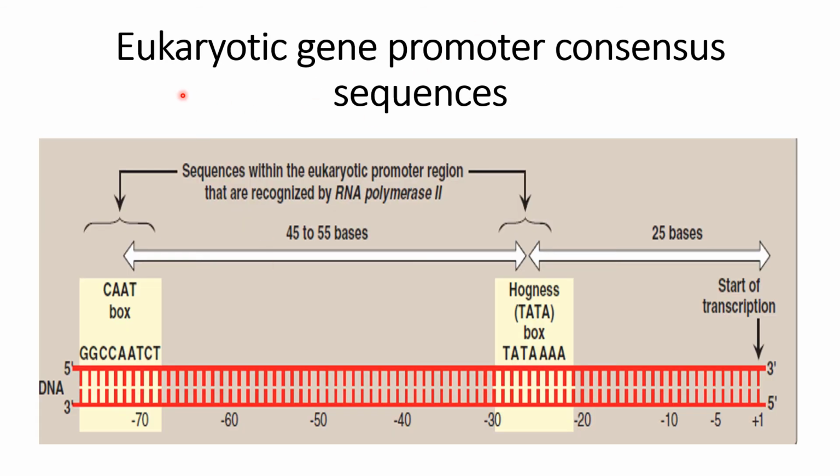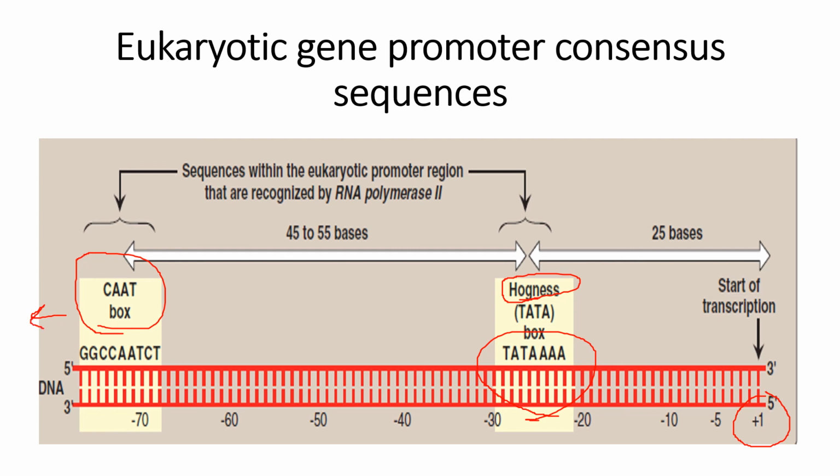This is the eukaryotic gene promoter consensus sequences present near the transcriptional start site. Here you see the transcriptional start site. This one is the Hogness or TATA box present here, centered about this position. This one is the CAAT box. Then further upstream is the GC box.